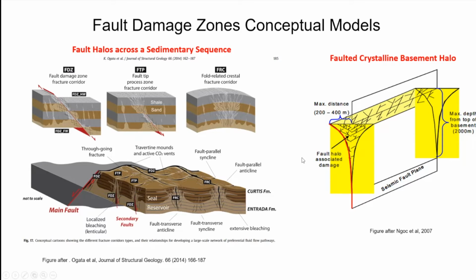What about if we look on the right-hand side about a fractured basement crystalline rock, where basically here we have a fault halo that runs along the fault plane and is going to change in width from the surface to depth, is going to decrease in width as part of this width is perhaps enhanced by, if this was a paleo high, the weathering exposure that will increase the halo, or perhaps by other reasons.